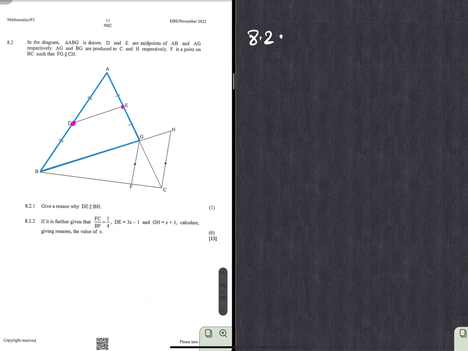What are they saying? Give a reason why DE is parallel to that one. This is because their sides are in proportion. So you can say that the reason here is because AD over DB is equal to AE over EG.